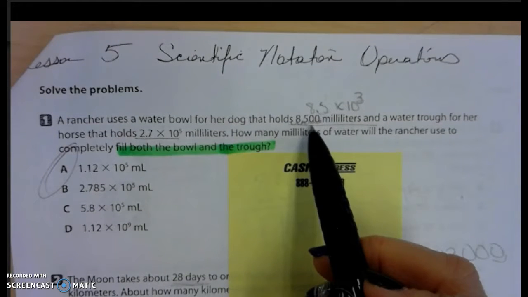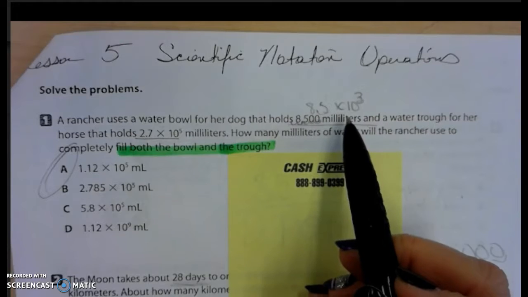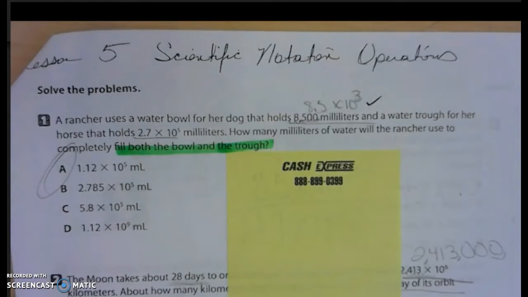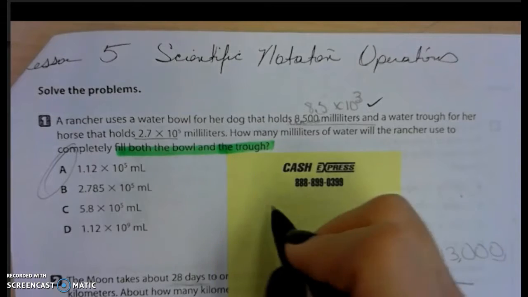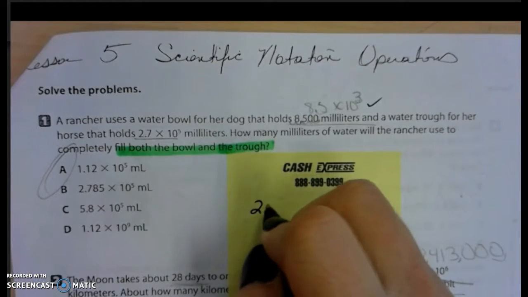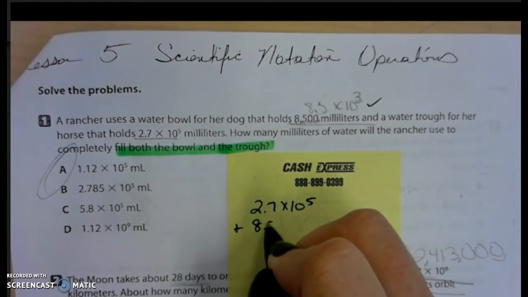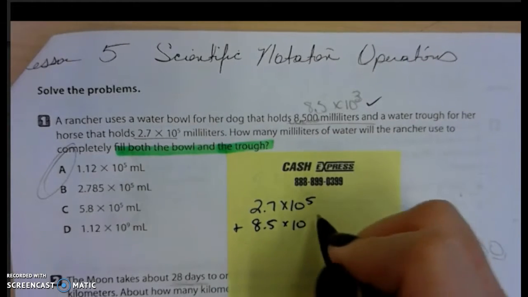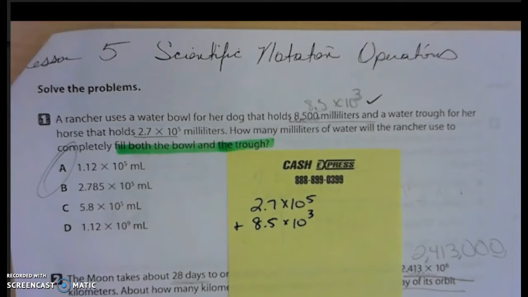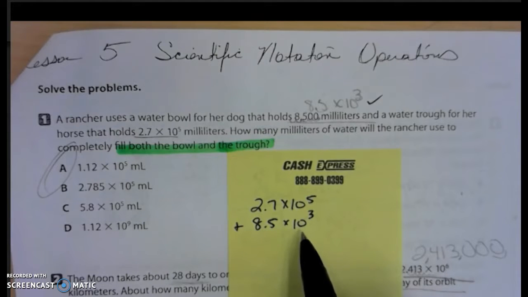Now, the first step would be to take 8,500 and put it in scientific notation, which has been done correct here. Now, to add those, we've got 2.7 times 10 to the 5th, and we want to add 8.5 times 10 to the 3rd. We cannot add these until they are in matching scientific form, meaning that their base 10s have to be the same.